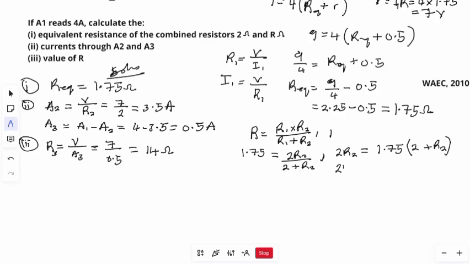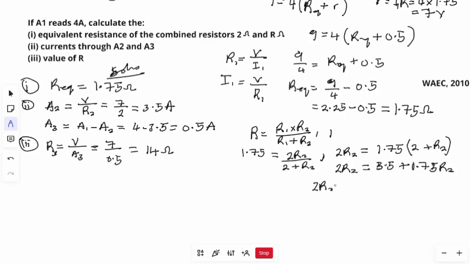So 2R2 equals 1.75 times 2, which will give you 3.5, plus 1.75 R2.